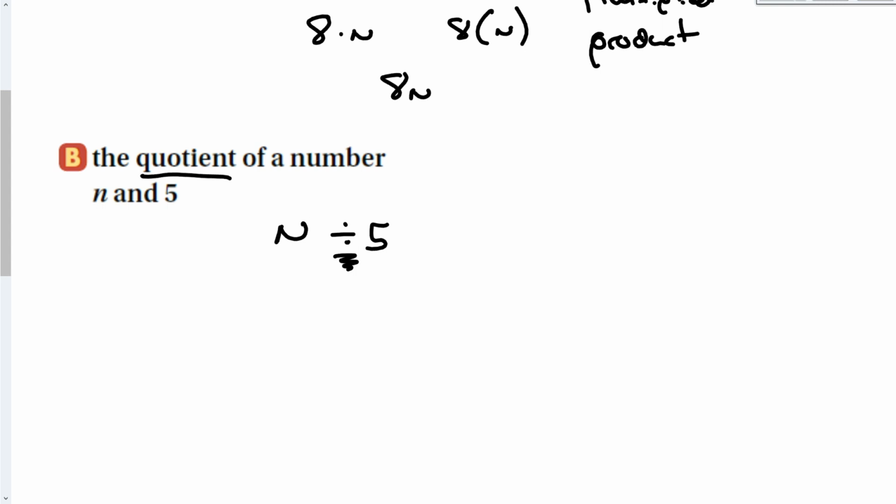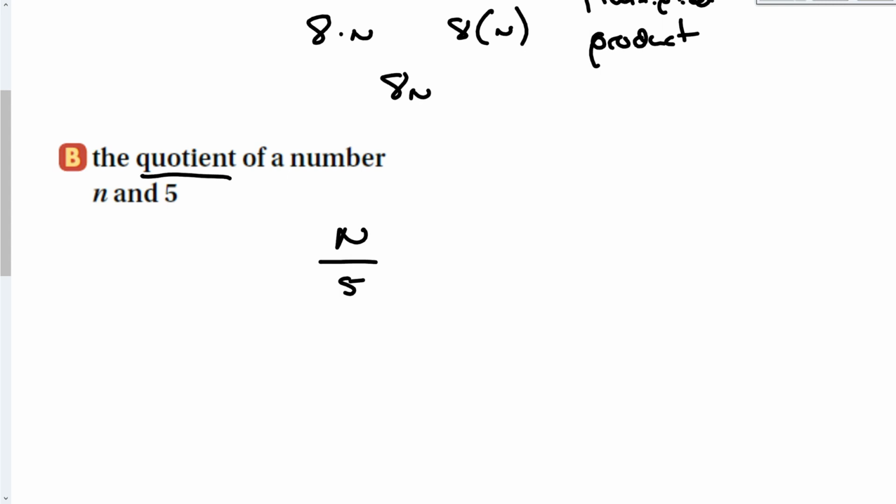Best to write that using what this symbol represents. Notice how the division symbol has a dot above and below a line. Well, those dots represent the first thing and the second thing right there. So the better way to represent division is n over 5.